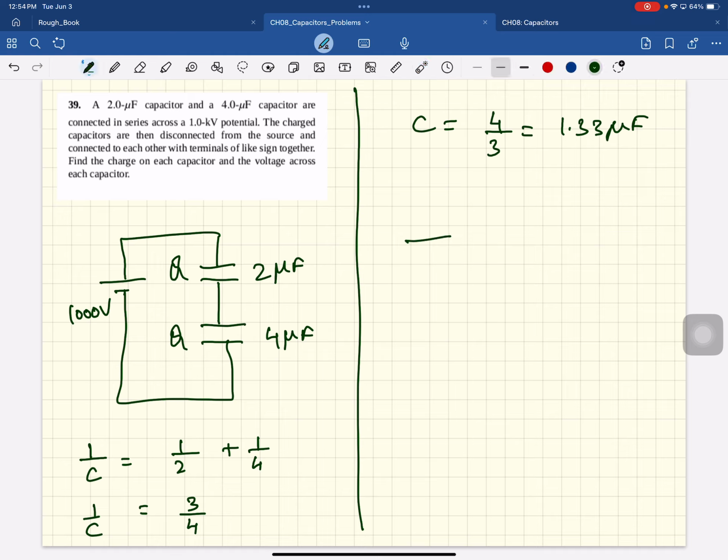So our circuit is 1000 volts and a 1.33 microfarad capacitor.